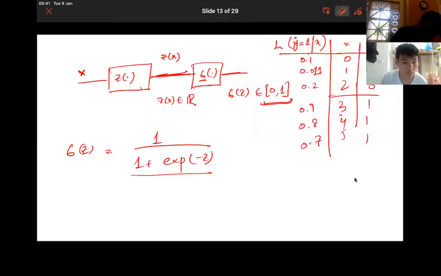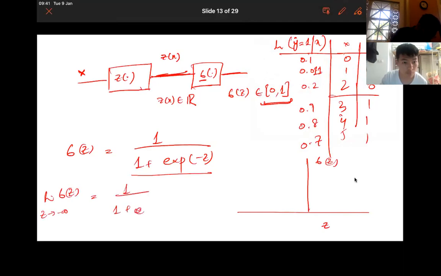Okay. So let's say that this is z, and I'm trying to plot sigma of z. So let's see, sigma of z, limit z approaches negative infinity. This will be 1 divided by 1 plus exponent minus z, limit z approaches negative infinity. So what happened to exponent of minus z when z approaches negative infinity?